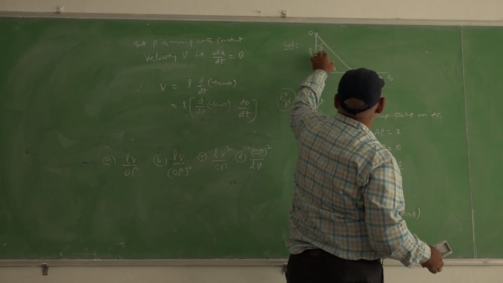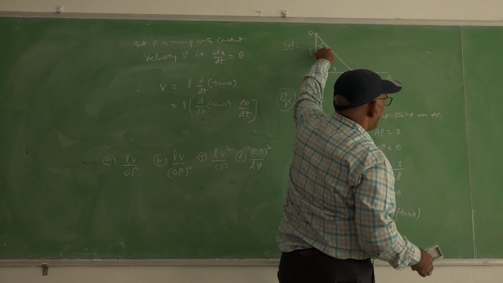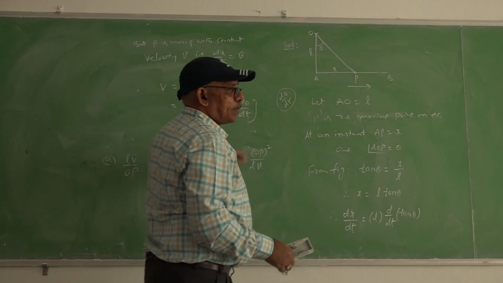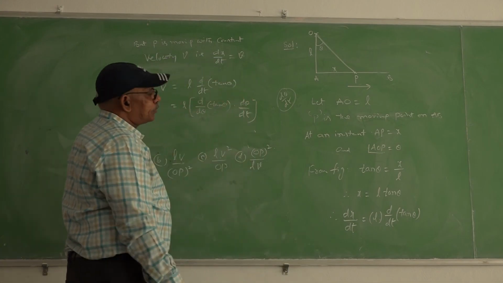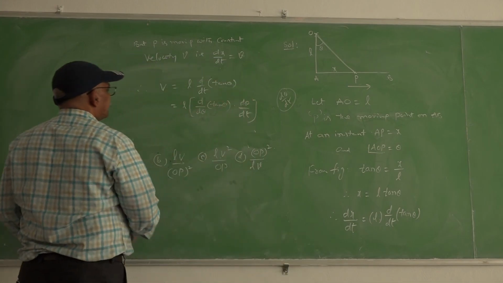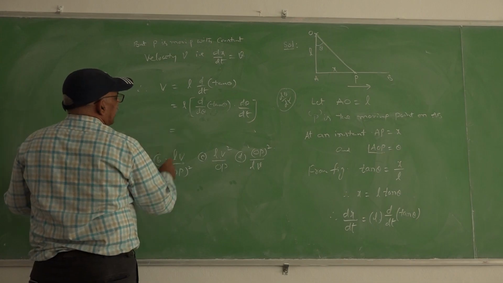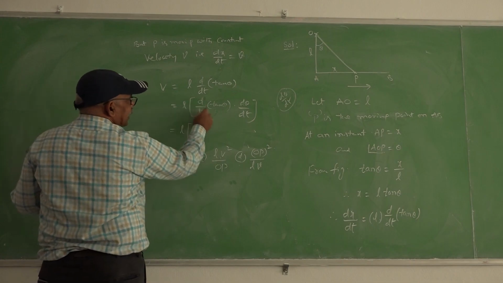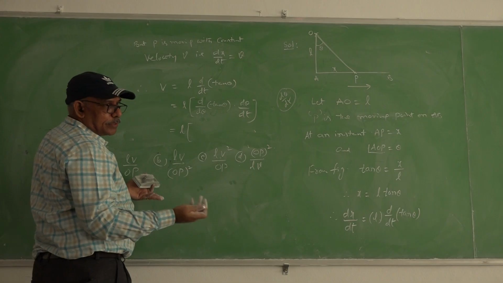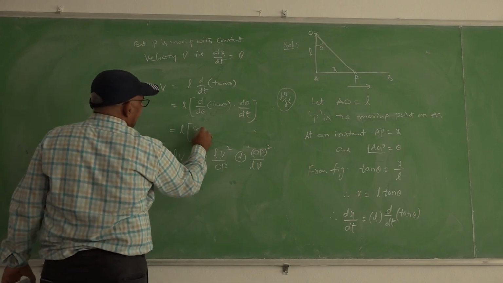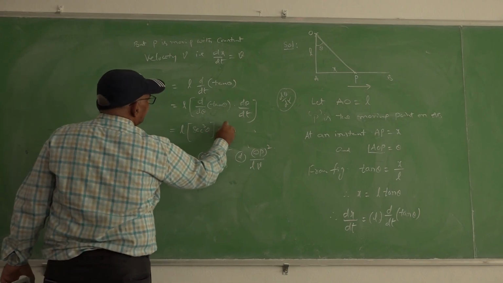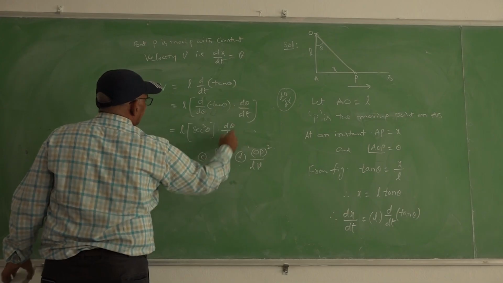So as P is moving towards B, theta varies with time. Hence I am taking the derivative with respect to t. That is L into d by d theta of tan theta, and the derivative of tan theta with respect to theta is secant square theta, into d theta by dt.